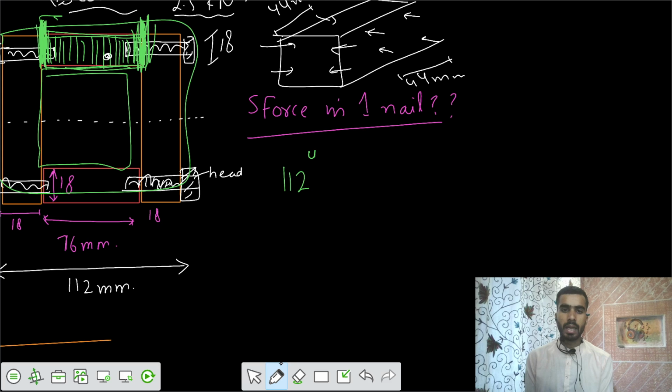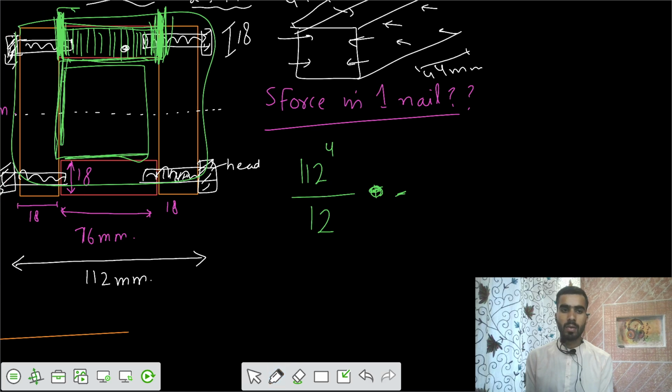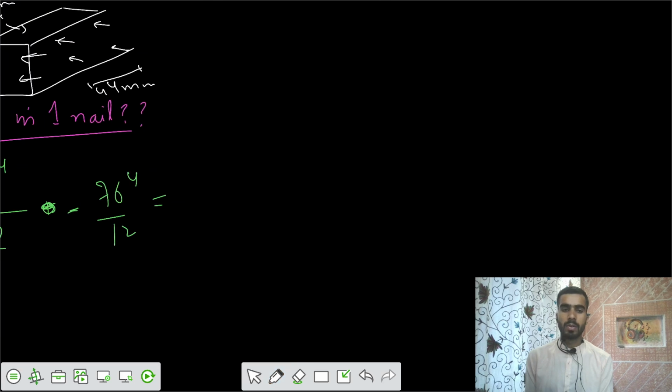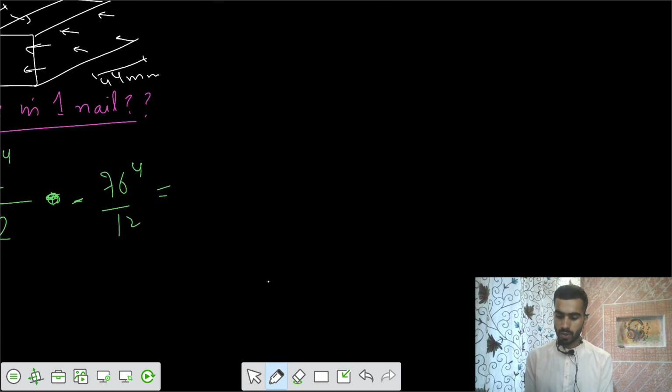BD cube by 12, so I can write a to the power 4 by 12 because it is a square, and then you subtract the smaller one, which has a dimension of 76 from both sides, so 76 to the power 4 by 12. So I can get the value of INA equal to 10332 times 10 to the power 3 millimeter to the power 4. So I got these values.